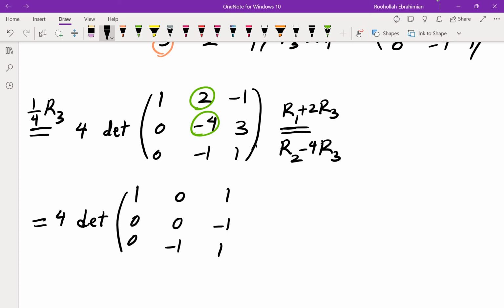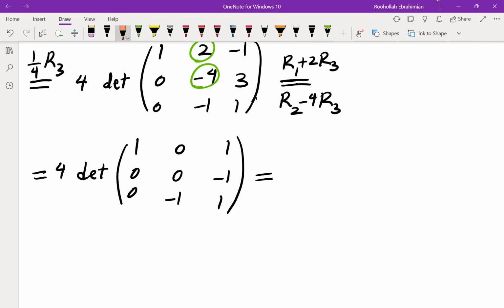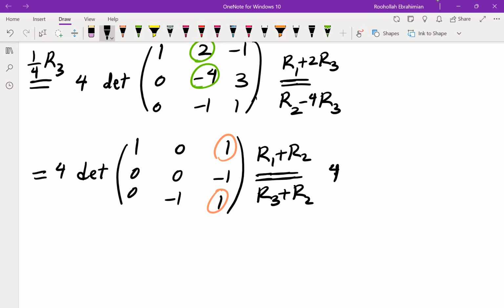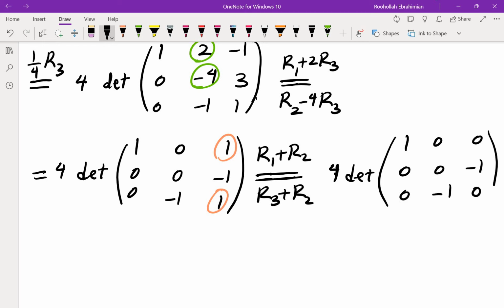Negative 1, 1. Okay, we're gonna make this one and this one 0, and then we also need to swap at the end. So row 1 plus row 2, row 3 plus row 2, 4 times determinant of, so I'm adding row 2 to row 1, that gives you 1, 0, 0, 0, 0, negative 1, 0, negative 1, 0.